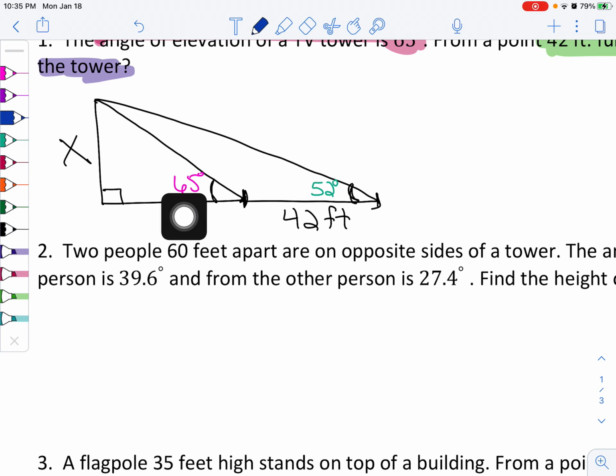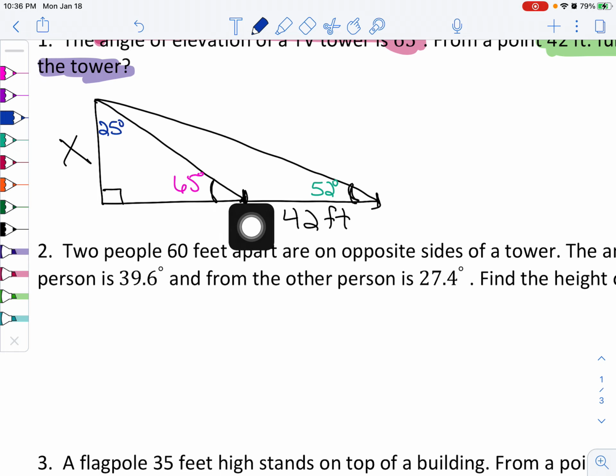One of the big things I would highly recommend is that once you know some of these angles, this 65 degrees and the 52 degrees down here, fill in the rest of the angles. In the little original right triangle I drew, I have a 65 degree angle here. Using the fact that there are 180 degrees in a triangle, this upper angle is 25 degrees.